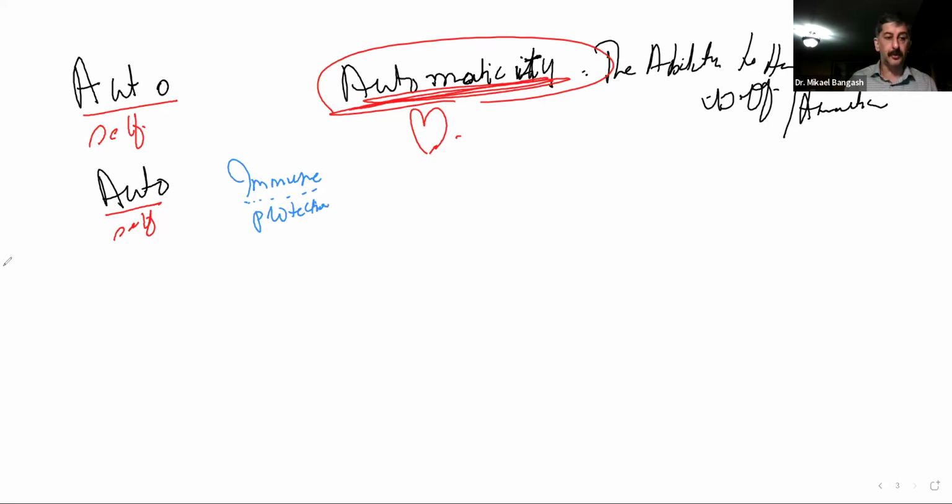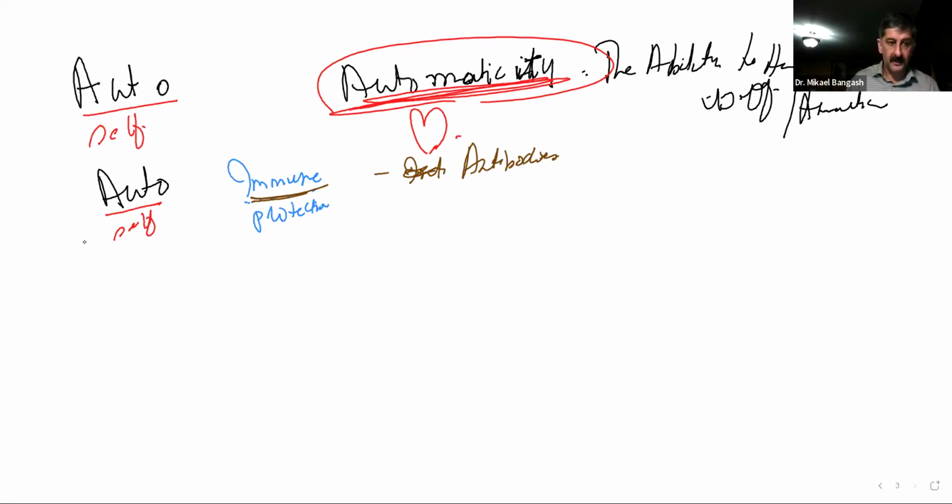Now, autoimmune, guys, is the result of an immune action that leads to the production of antibodies.